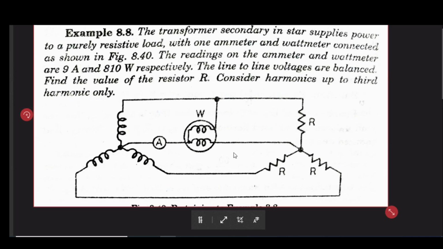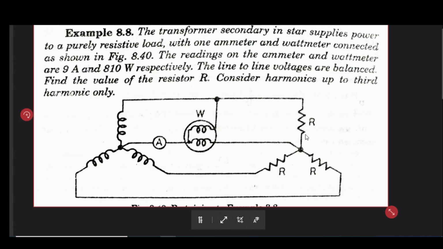So here it is clear that these lines are basically carrying the third harmonic components, right? So if that third harmonic current is flowing, the magnitude of 3 times the third harmonic current is 9A. So your third harmonic current is 3A, and from that you can find out your wattmeter reading.